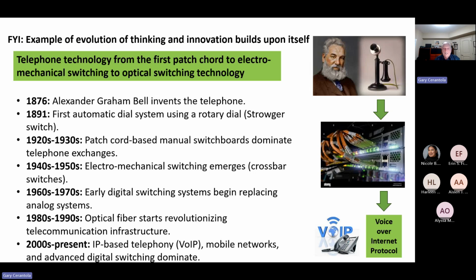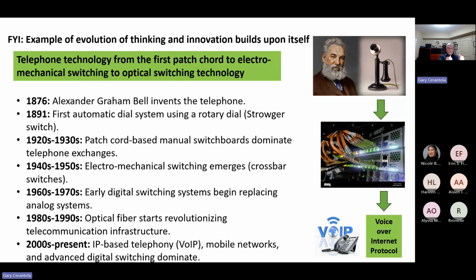So you could see that we went from the first automatic dial system to operators with a patch cord. They were manual switchboards where they were connecting calls, all right? And then from the 40s and 50s, they took that information on how that was structured and said, how do we improve that? And they improved that in terms of electromechanical.